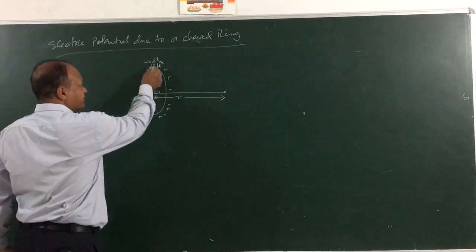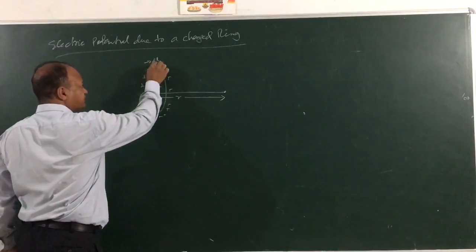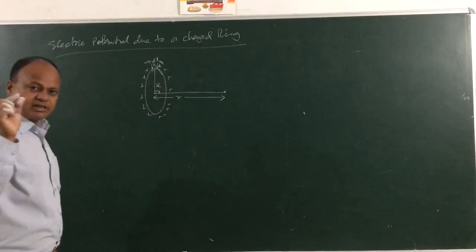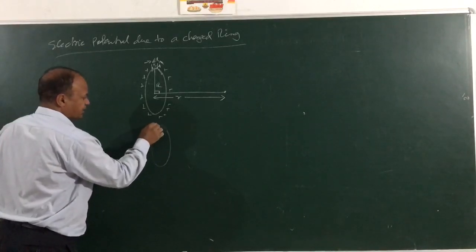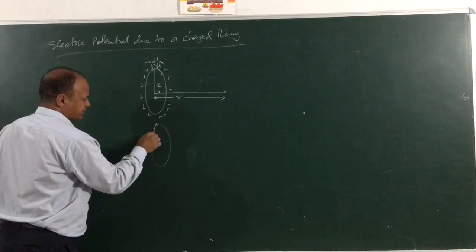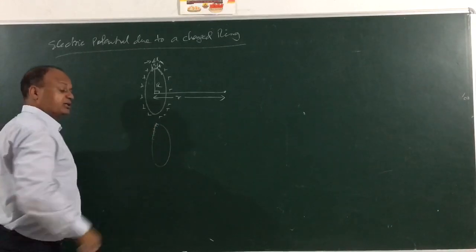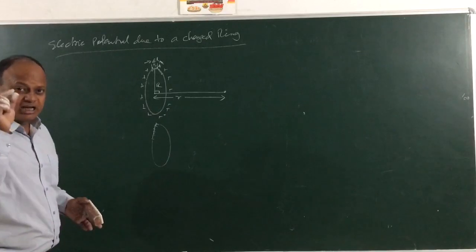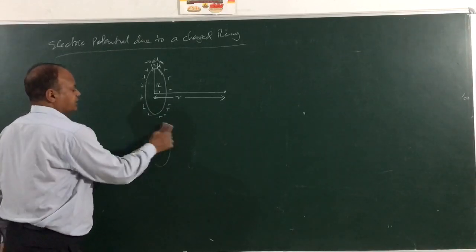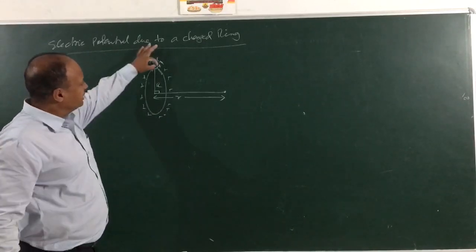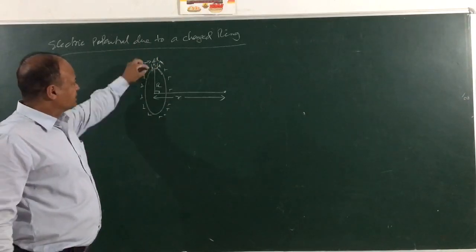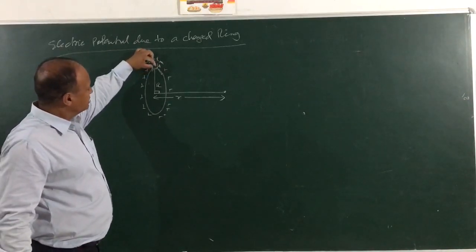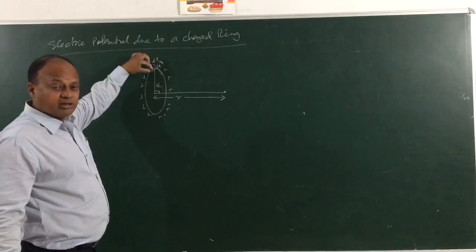Children, if I consider a very small charge element here, a small part of this ring, you can imagine I am dividing the ring into small parts, another part, another part. If I add up, I will get the whole ring. This is called a charge element. As the charge element is small in length, the charge on this element will also be very small.